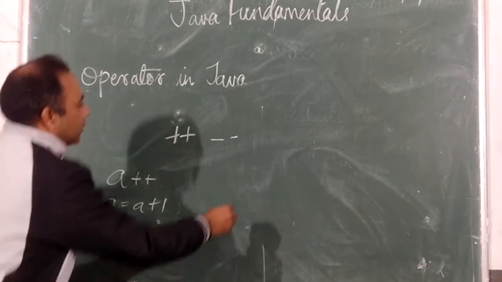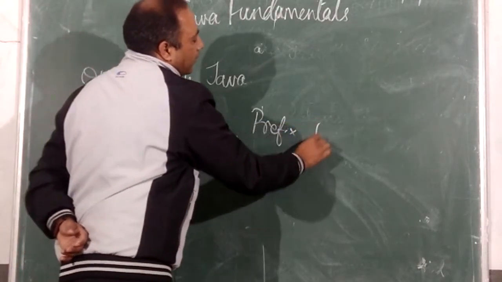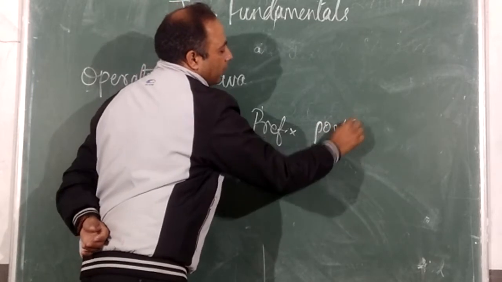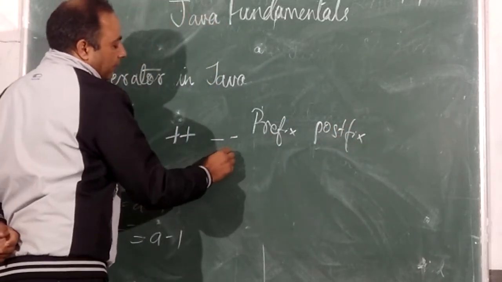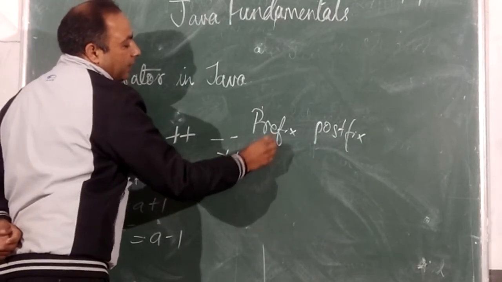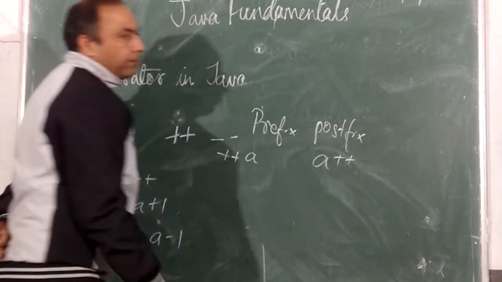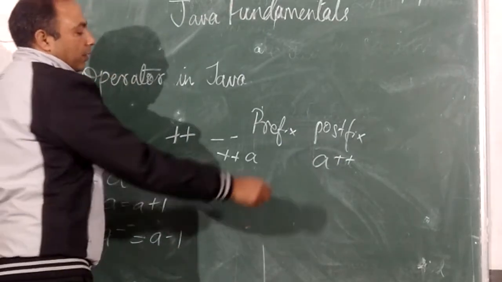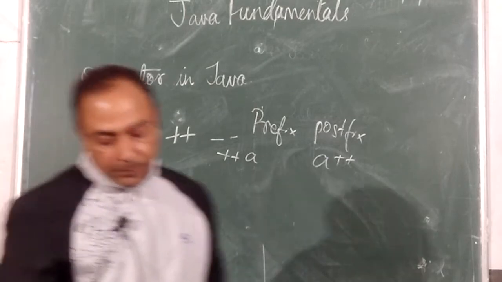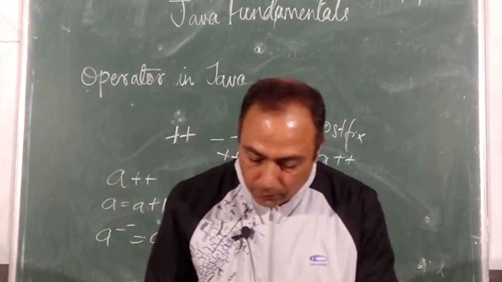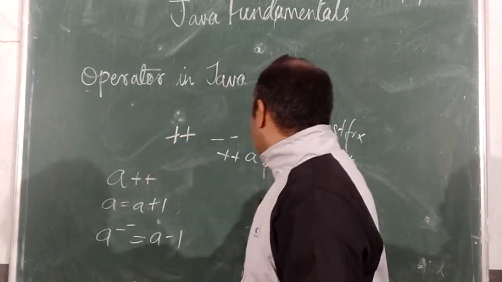These operators can be used in prefix and postfix form. Prefix means beforehand. If I write plus plus a, this is prefix. If I write a plus plus, that is postfix, which means after the operand.